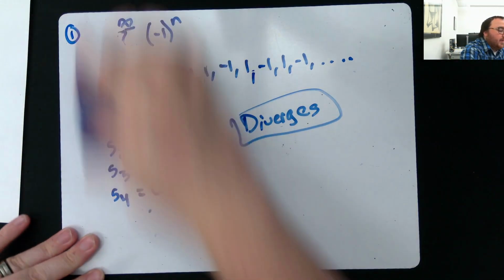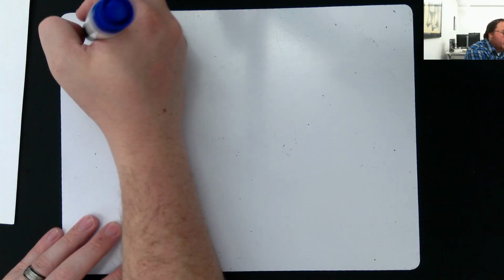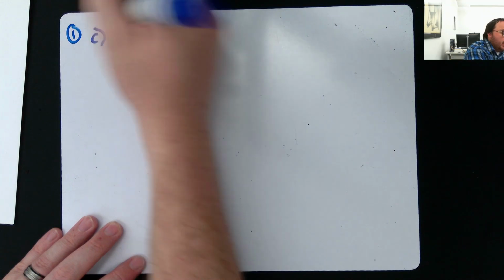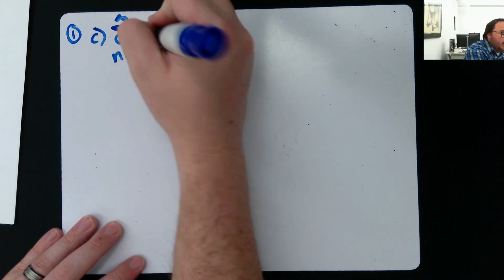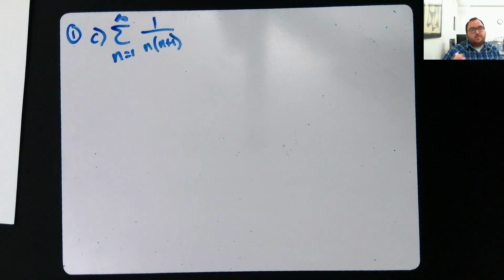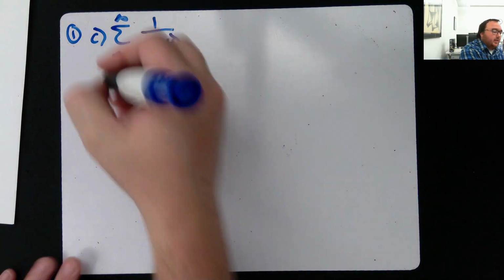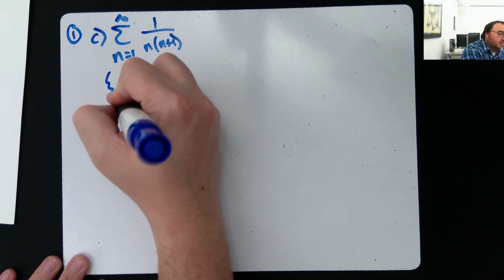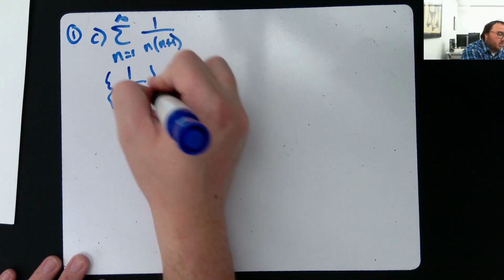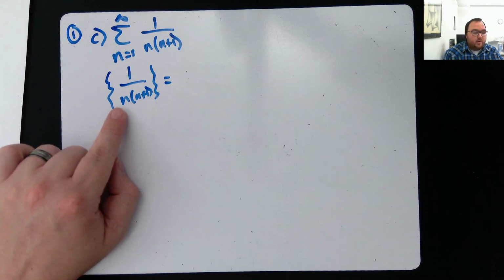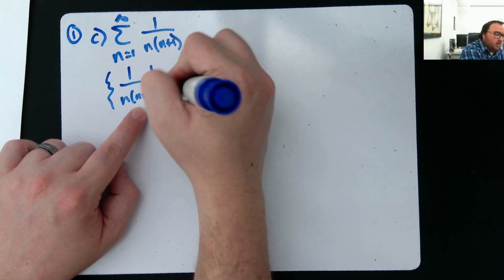Another example that maybe will make this completely clear. Example C is the sum from n equals 1 to infinity of 1 over n times n plus 1. So let's look at this one. First of all, let's list out my terms. Plug in a 1, that's 1 over 1 times 2. 1 times 2 is 2, so that's 1 half.